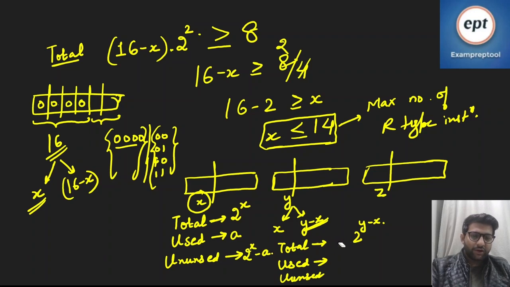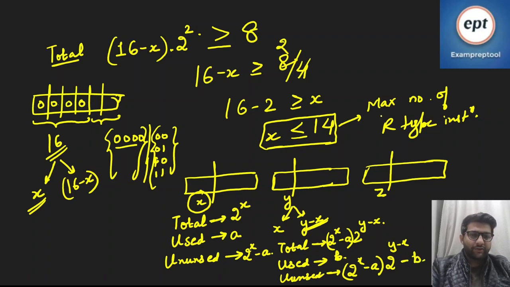Now the total here will be 2 power x minus a into this, right? And used for y, let's say, is b. So unused will be 2 power x minus a, y minus x minus b, right?